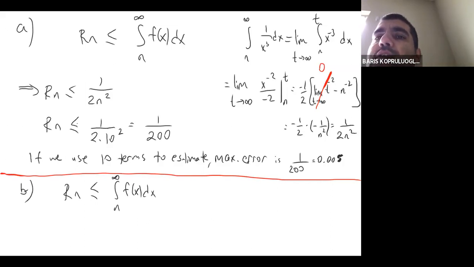And we want Rn to be less than 0.0005. So then we can just put 0.0005 over here, and this will make sure that the error is less than the given number in the problem.